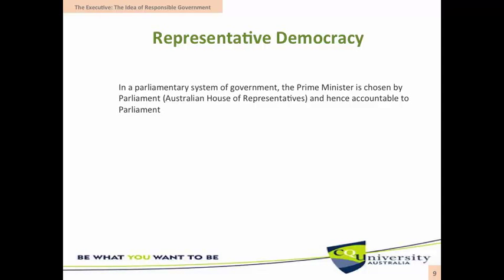Now, in a parliamentary system of government, on the other hand, the Prime Minister is not directly chosen by the people. Instead, he is chosen by members of Parliament. And that raises the question of to whom the Prime Minister is ultimately responsible. In a presidential system of government, if it is the people who directly vote for the president, then ultimately the president must be accountable to the people.